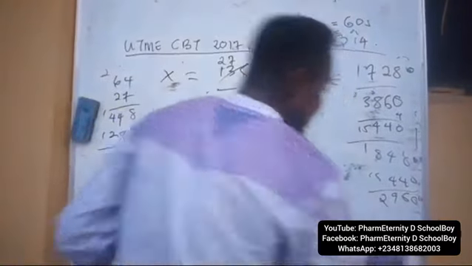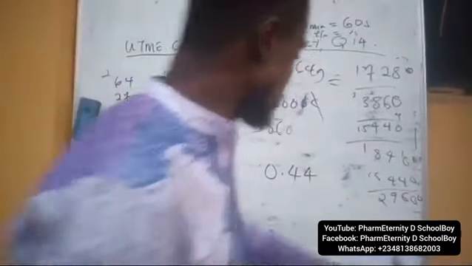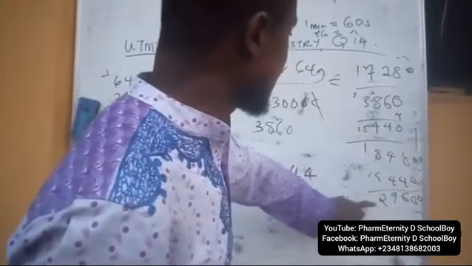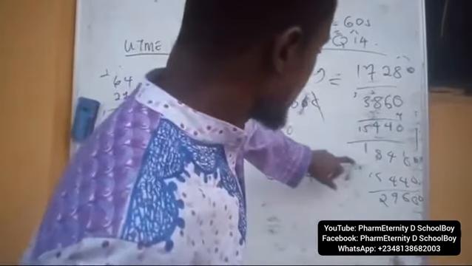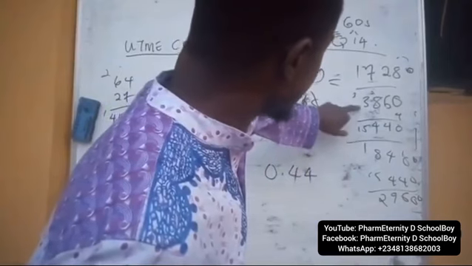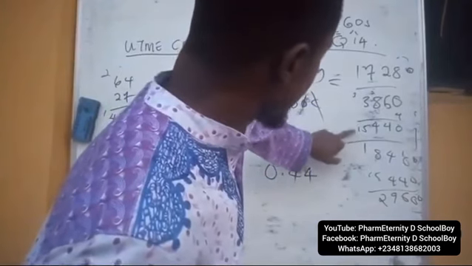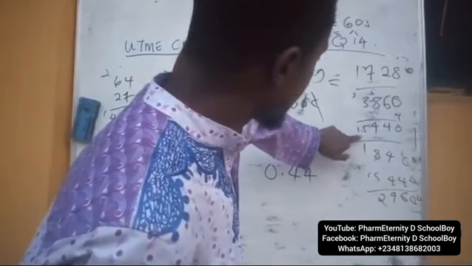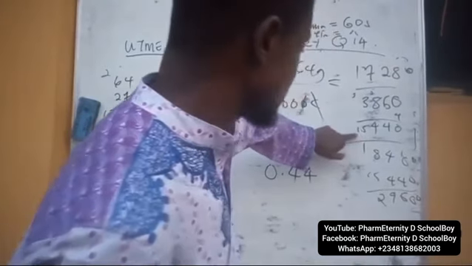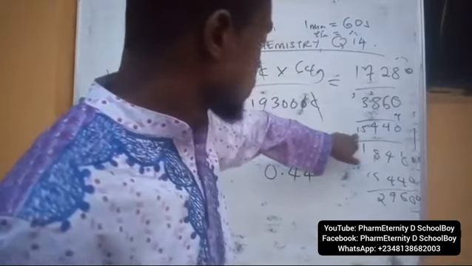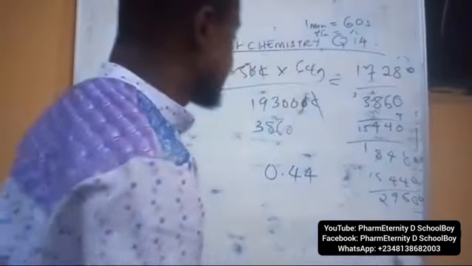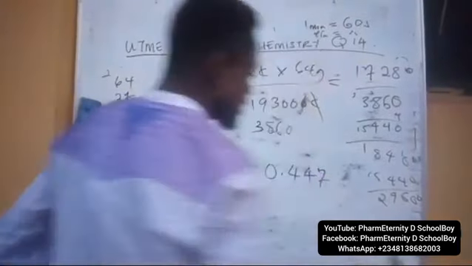We'll add 0 again. 29,600. How many of these can we find in here? For us to get 15,440, we already have 4 that gave rise to this 15,440. And if you multiply by 2, it will be more than this. So, I think 7 can go. You put 7.